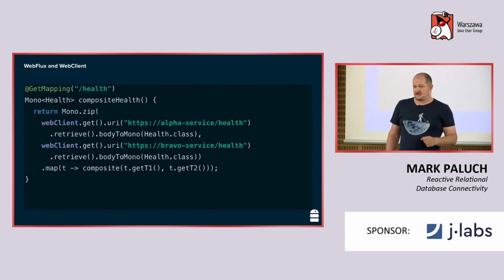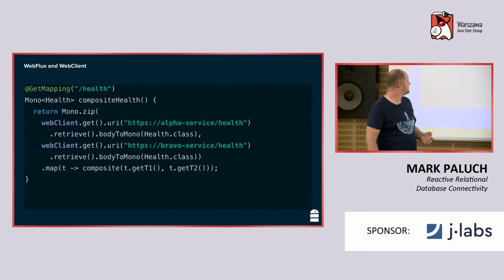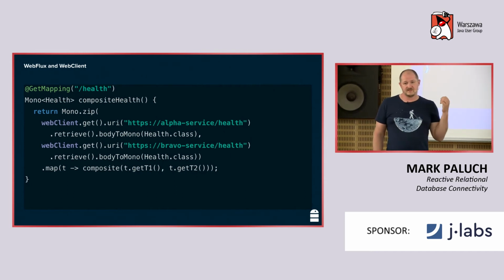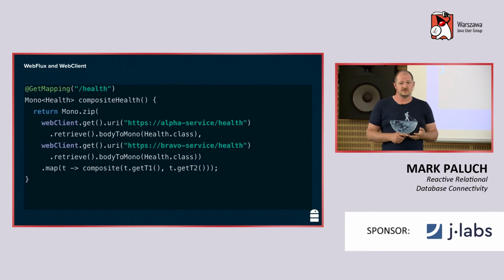Let's take a look at a little bit of simple reactive code. Well, simple perhaps in codes. So what this bit of code is doing is reaching out to two services and getting their health check and returning a composite health element.